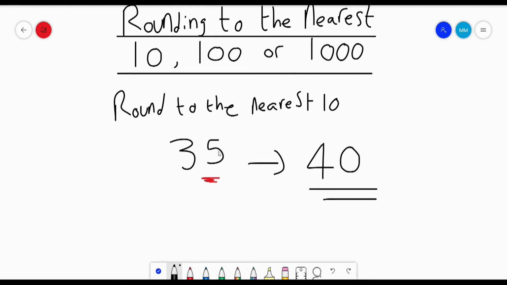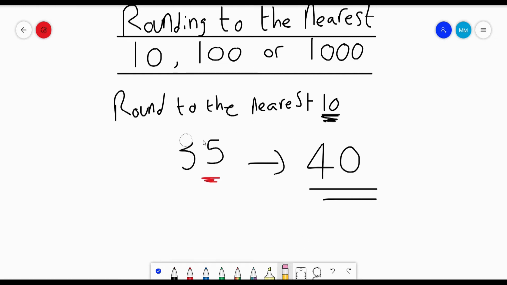Notice that the number to the right is always turning into a 0. Whatever happens, it's going to turn into a 0. Whether or not the number in the tens moves up or stays the same is down to your analysis of what the number to the right does, whether it's 5 or more.